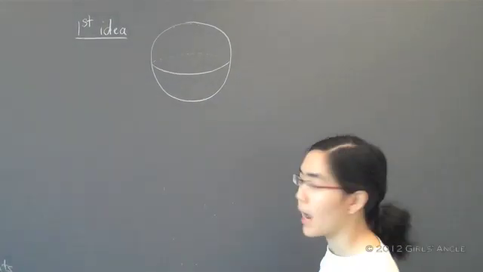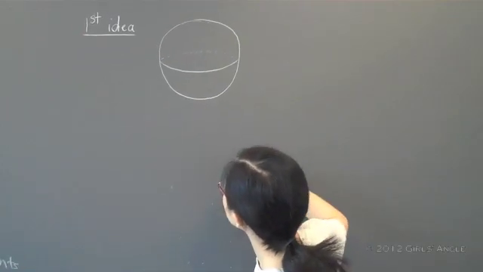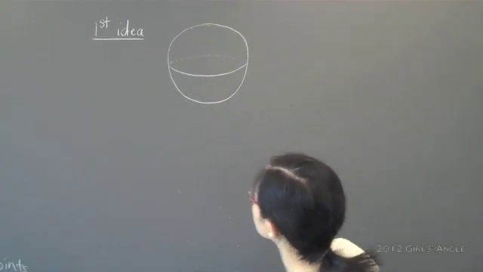Say I have a sphere, and I make a random cut into 2 equal hemispheres. So suppose my cut is along the equator.